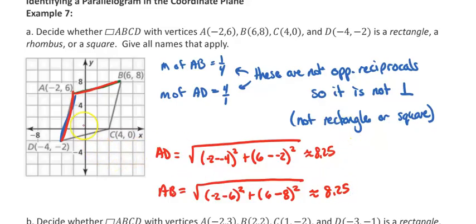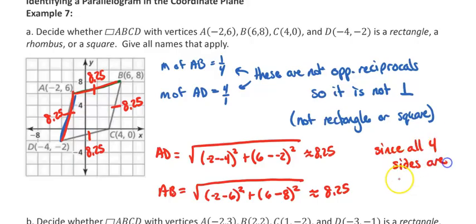So what's cool about that is I know that this is roughly 8.25. And so because it's a parallelogram, I know this opposite side is 8.25. Then I know the top side, I calculated the distance was 8.25. And because it's a parallelogram, I know the opposite side of that one is 8.25. So since all 4 sides are congruent, it is a rhombus.